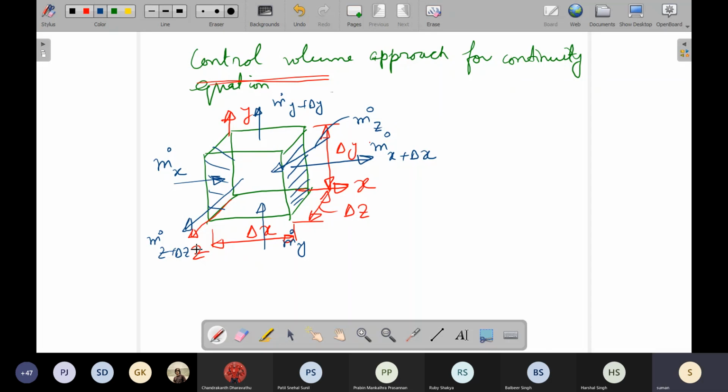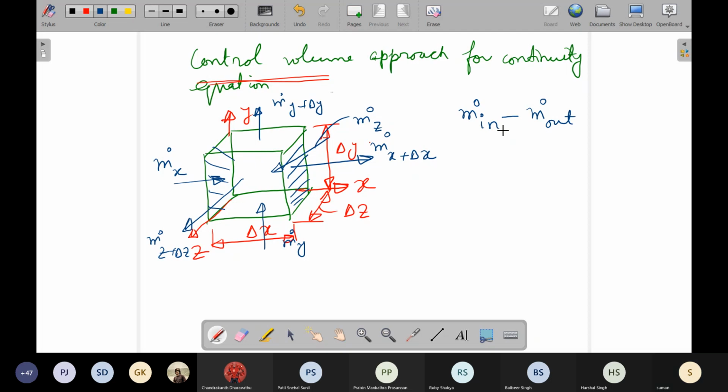So now what is our objective? Our objective is to write a mass balance, right? A simple mass balance. So m dot in is the total mass flow rate into the control volume, and m dot out is what is leaving the control volume. Normally, if the flow is steady, the rate at which it enters is the same as that at which it leaves.